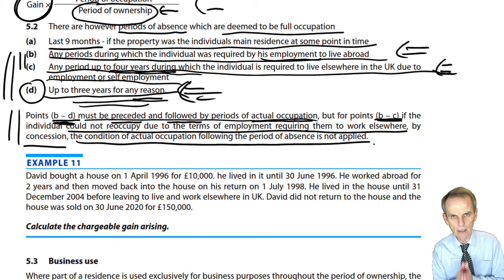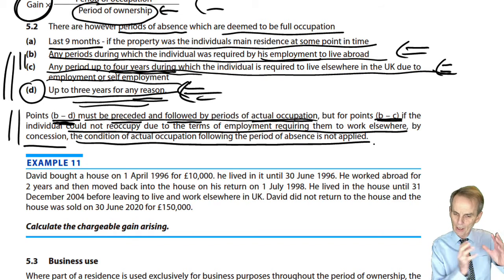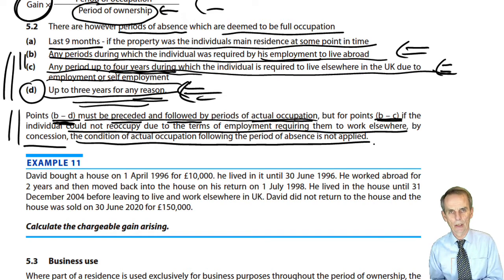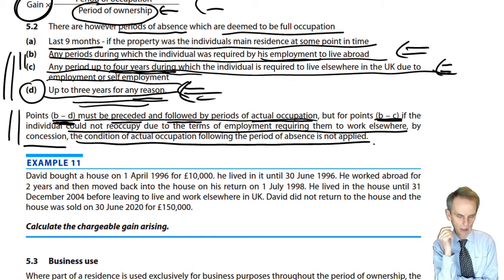Now, what that means is, if I lived in my property, I then went to Australia for 10 years. I decide, you know what? I'm not going back. I like the culture here in Australia. Well, maybe, but at least I like the weather. I'm not going back.